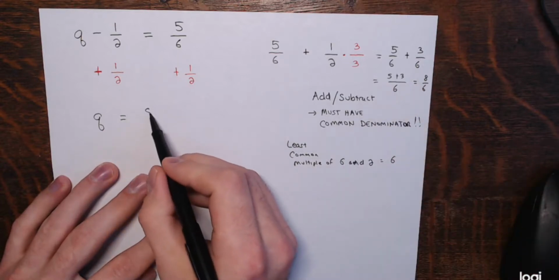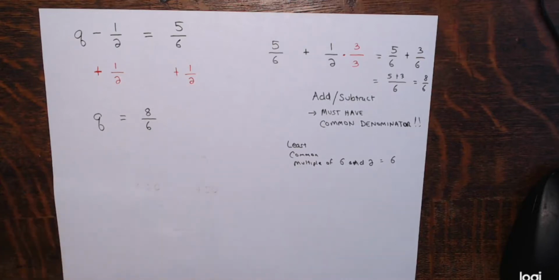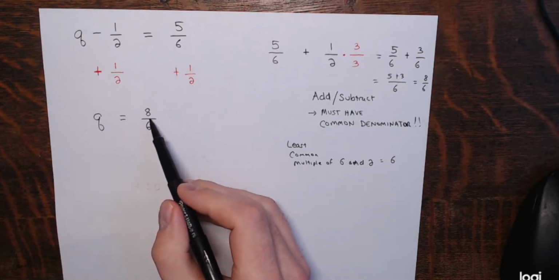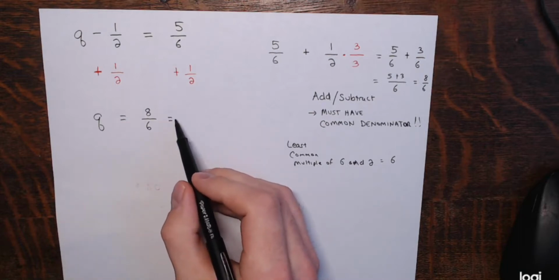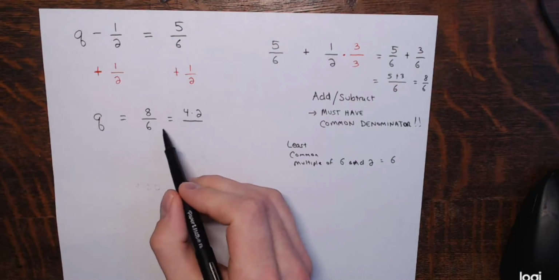Q equals 8/6. Now, of course, they're going to have you simplify. They ask us to write the fraction in reduced form, simplest form. So, do the numerator and denominator have a common factor? Well, 8 is 4 times 2. 6 is 3 times 2.